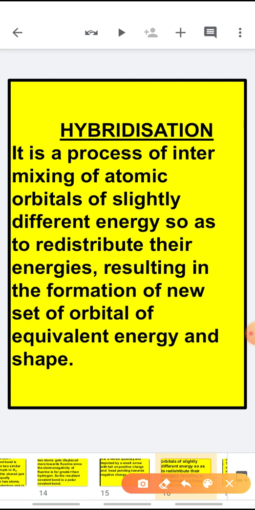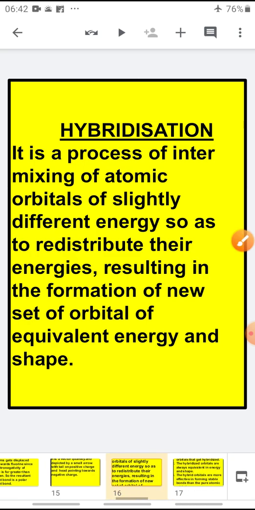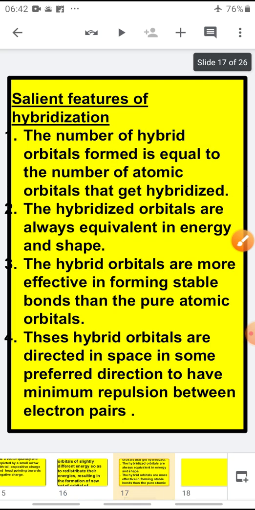That means here the orbitals which have slightly different energy combine with each other, and then redistribution of energy takes place, resulting in a new set of orbitals having equivalent energy and shape. Now there are certain important features of hybridization.